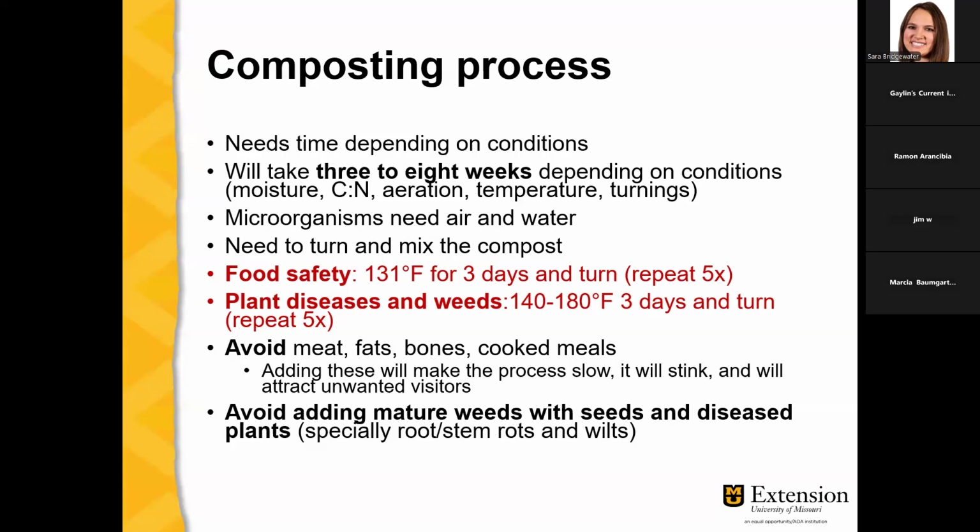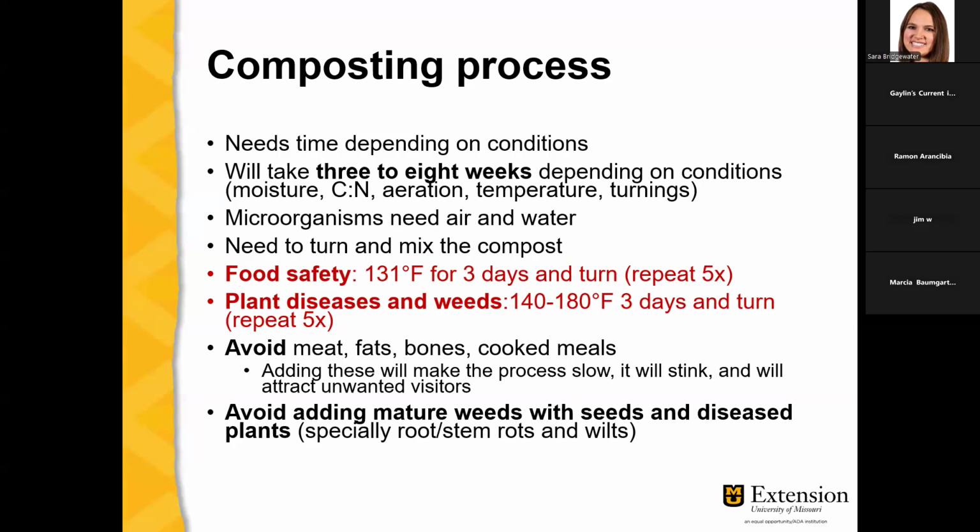As I mentioned before, for food safety, you want 131 degrees for 3 days and turn it, repeating 3 times. But to kill plant diseases and weeds, you want to go up to 140 to 180. 180 degrees is very difficult to reach. Most likely you're going to get 140, 160. But 180 will kill more diseases. If you don't get there, hopefully you can get 140, 160.